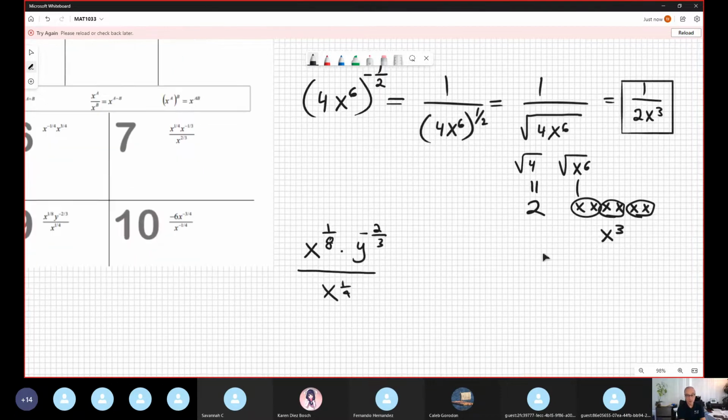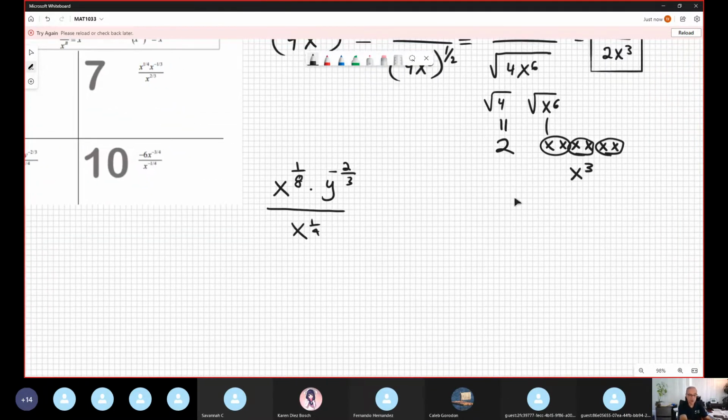Of course, we have no rule for exponents when you have different variables. So we can join them. You have x, you have no more y, this y stays the same. Of course, the final answer never expresses using a negative exponent.